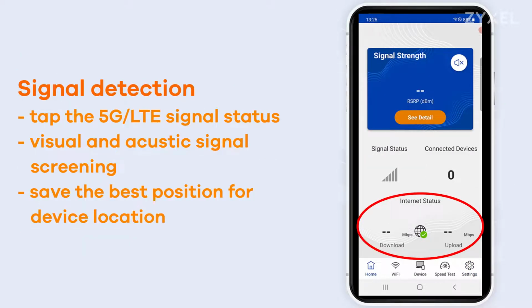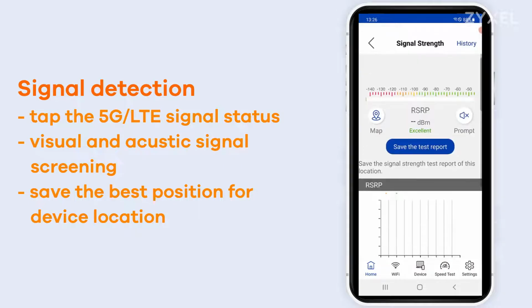To find the optimized position for your LTE device, you can tap on the signal status icon on the home page. While the application is looking for the best LTE signal, it can also prompt you with a beep.